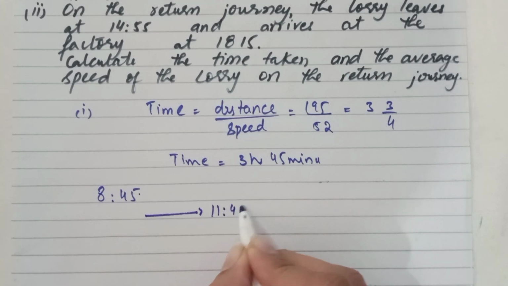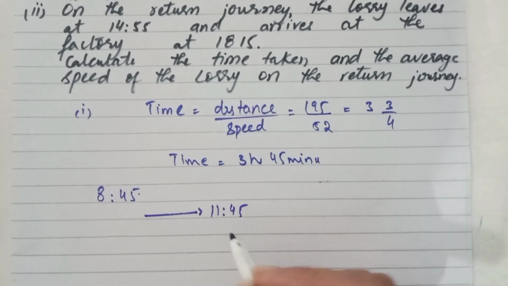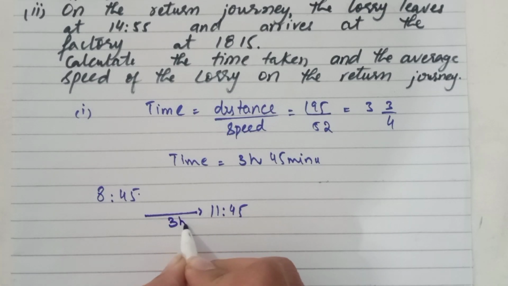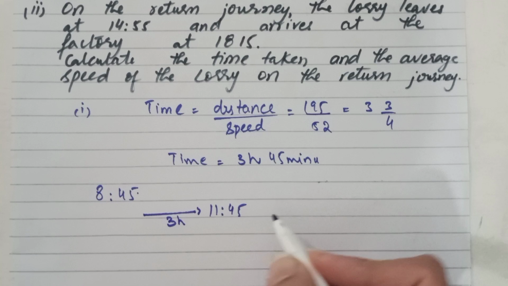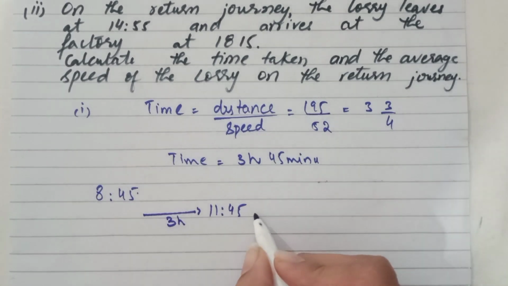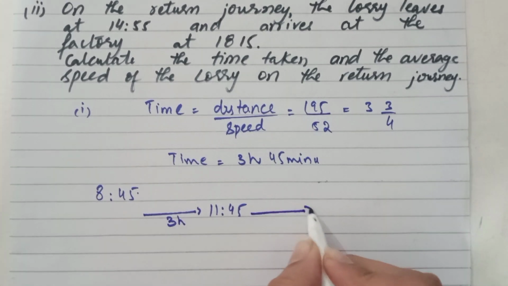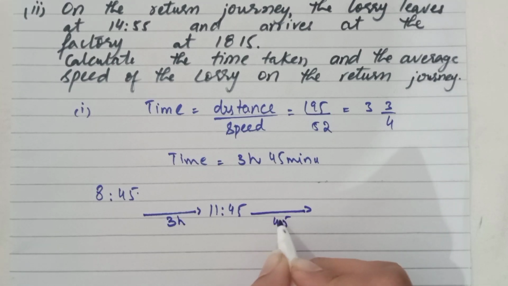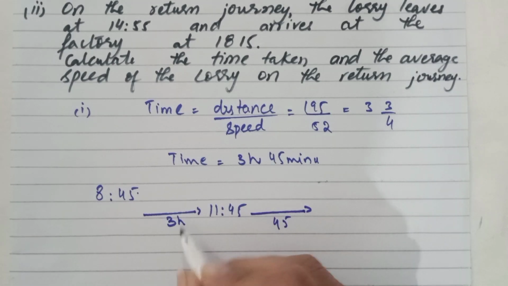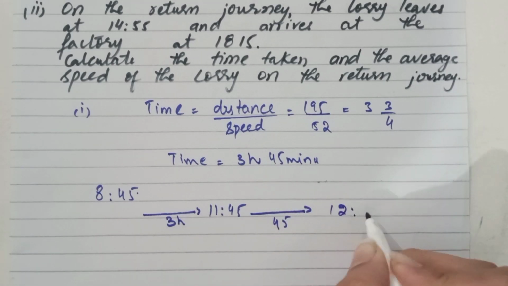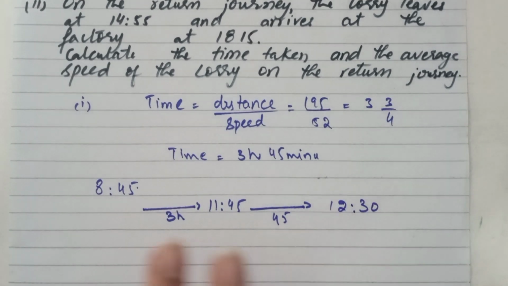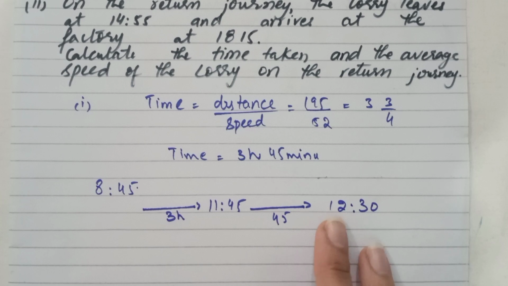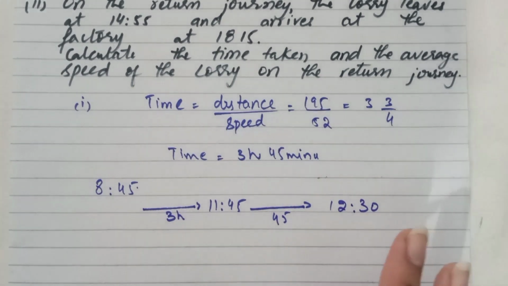After 3 hours the time is 11:45, and when we add 45 minutes to it, it becomes 12:30. That is 12:30. Now the arrival time is 12:30, and that is the time we have to find in this question.